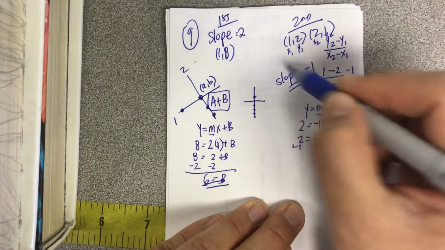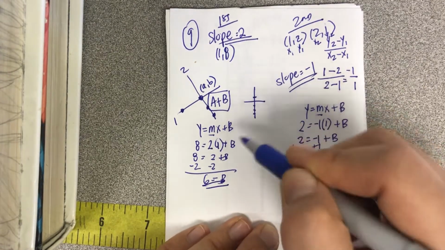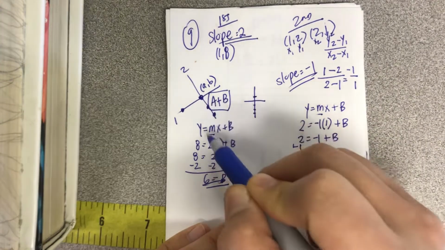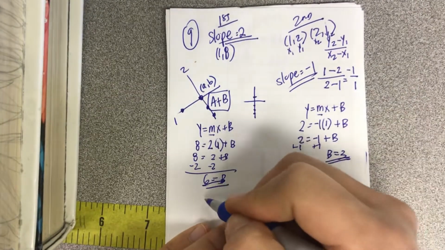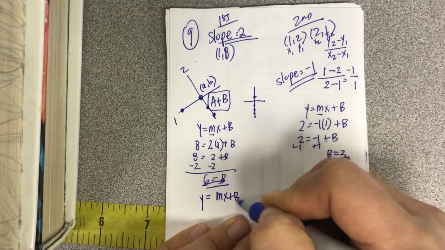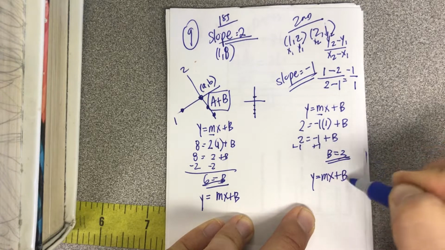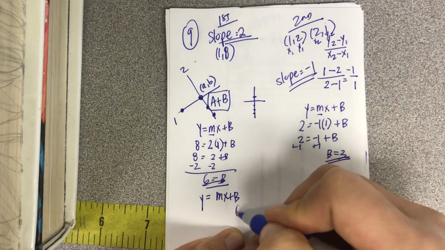Now we have our slopes and y-intercepts for both. Our b here is 3, our b here is 6.